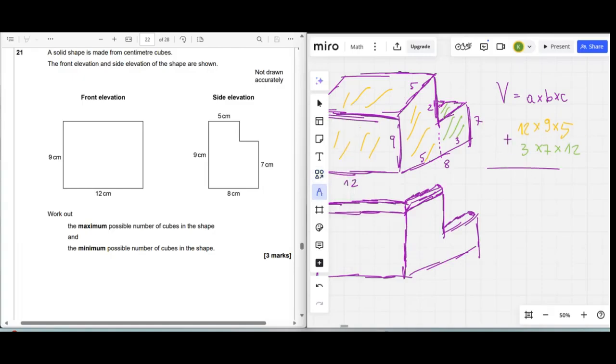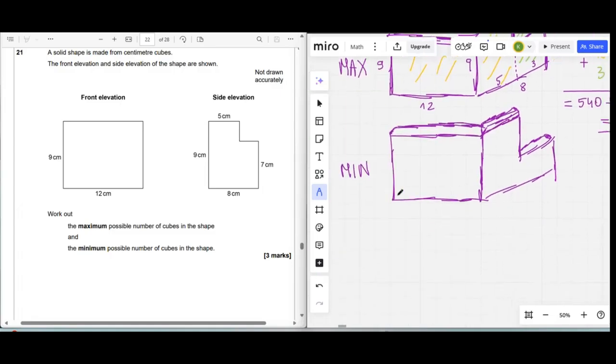And that together is 12 times 9 times 5, 540, plus 3 times 7 times 12, 252, which is 792. And that's the maximum number of the cubes within the shape.